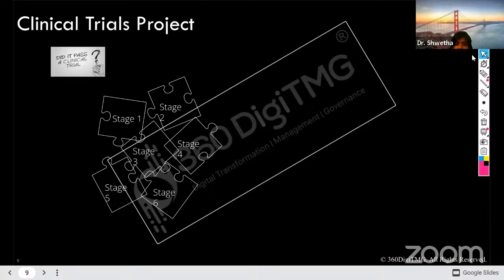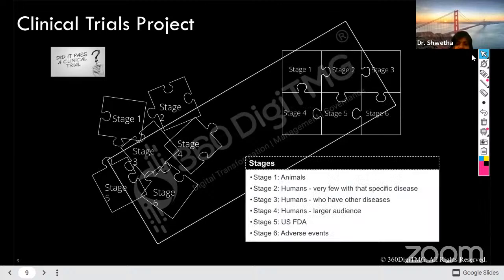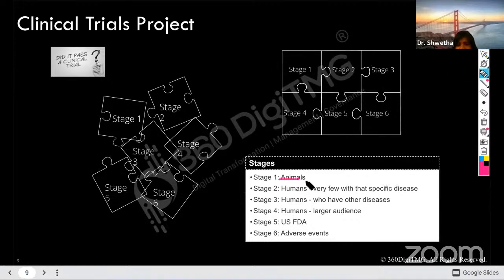There are so many stages in the clinical trials. The first stage would be testing it on animals. The next stage would be testing it on humans who have that specific disease. So, for example, if you have produced a drug for diabetes mellitus, then you're testing it on diabetic people only.